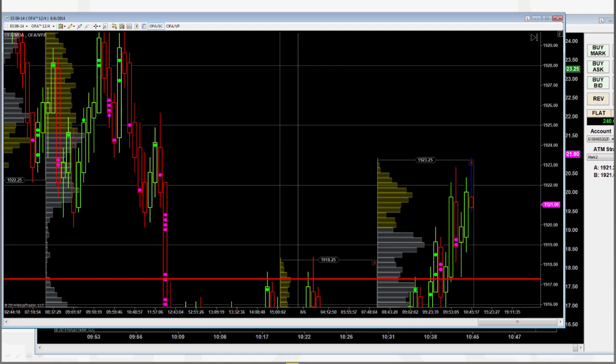There's a potential of making a lot more in a market, and if the market is trending and it's giving me a trend signature, I may look at adding into a position or extending my objective. But typically what I'm looking for is to be done at my objective.